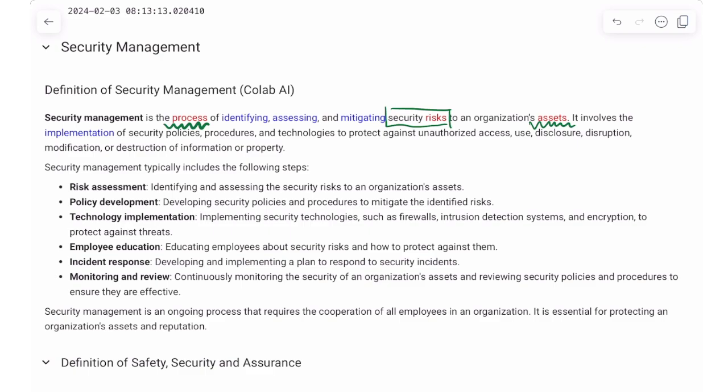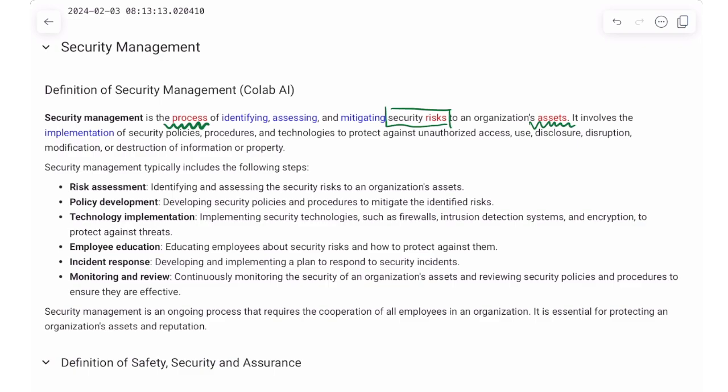So currently, when we talk about assets in a current organization, we talk about data assets. So security management is a process to help us identify, assess, and mitigate a lot of different security risks to the data assets that an organization owns.